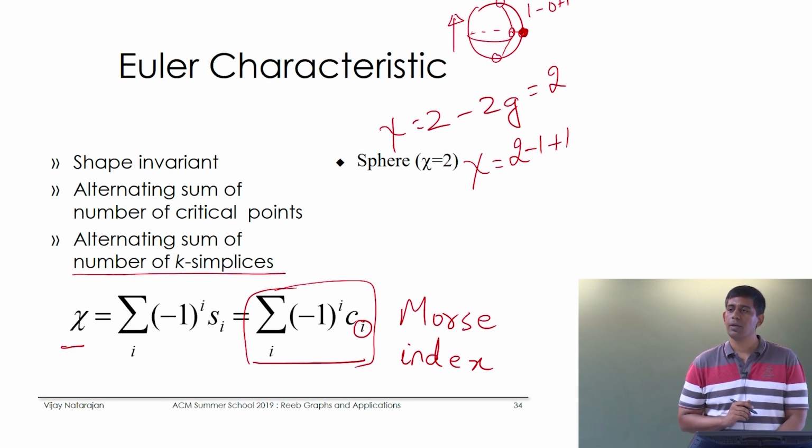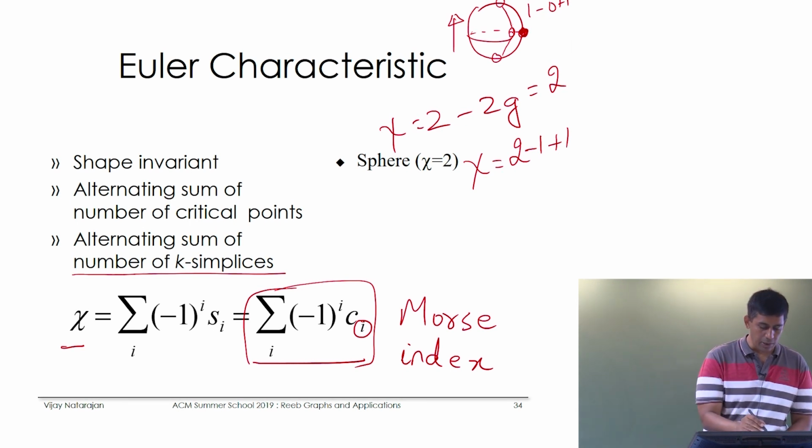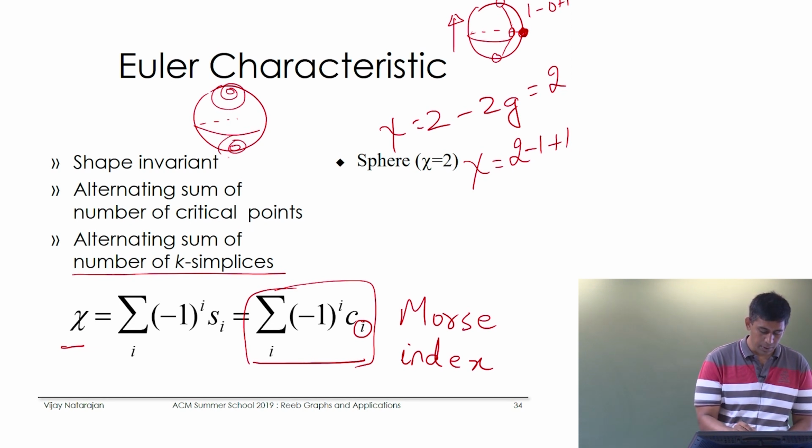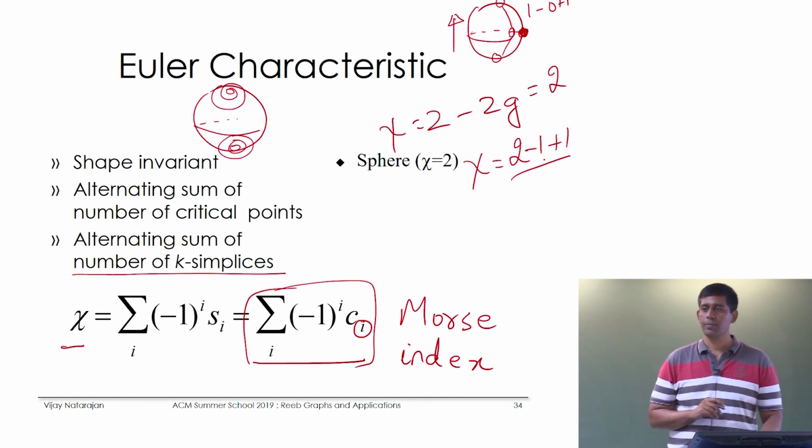If you try to draw the contours from these points, these 2 contours will merge where? At that saddle, and after that they will become one component and die at the maximum, right. So, hence you will get again the Euler characteristic is equal to 2, right.